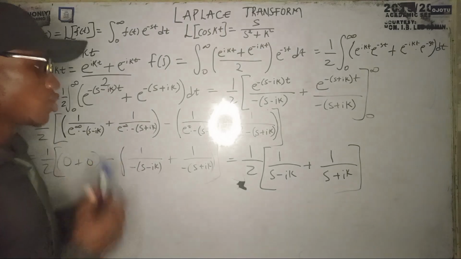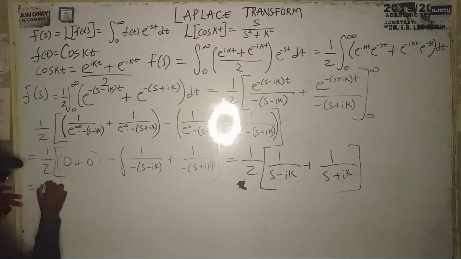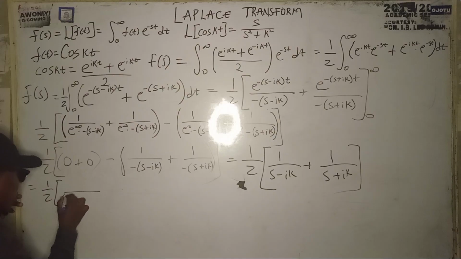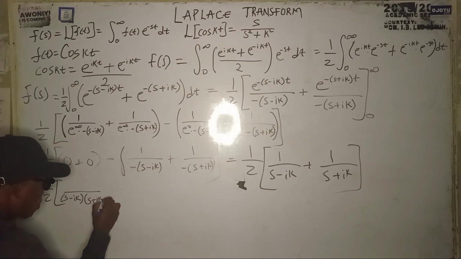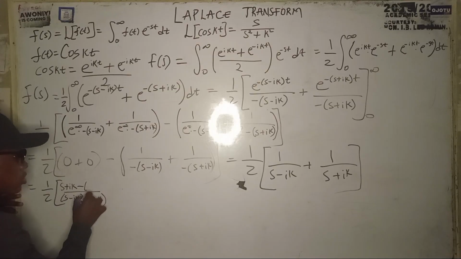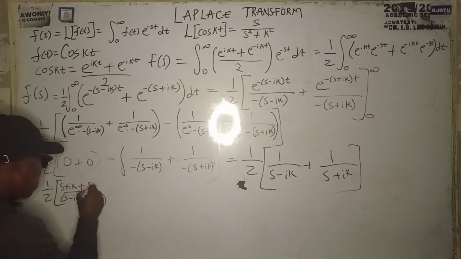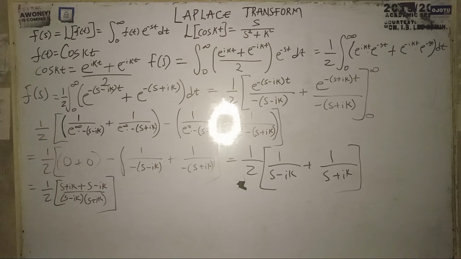First of all, we find our LCM and we have it as 1 over 2 into big bracket. The LCM is s minus ik times s plus ik. Then we have s plus ik, no, it's not a minus here, we have it as plus. The plus sign is s minus ik. Then we close our bracket.